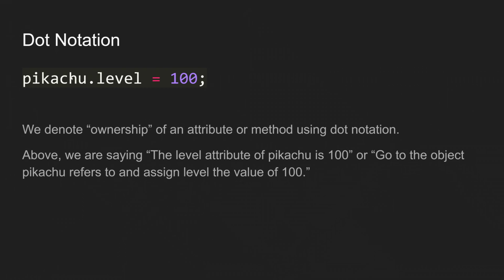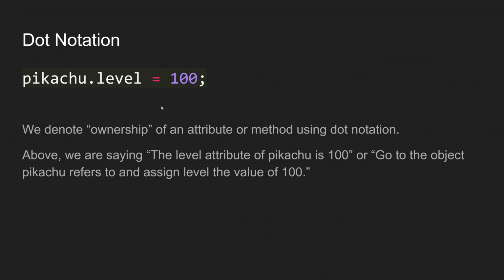What is that? Here we have a Pokemon object, Pikachu. Dot notation is that period right there. So Pikachu.level. We're saying, hey, go to the object that Pikachu refers to and get the level. So get Pikachu's level and then set it equal to 100 in this case.